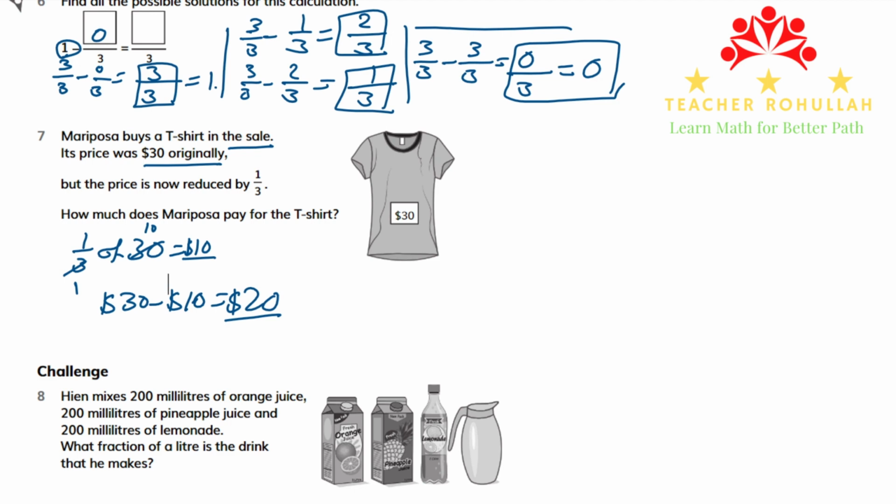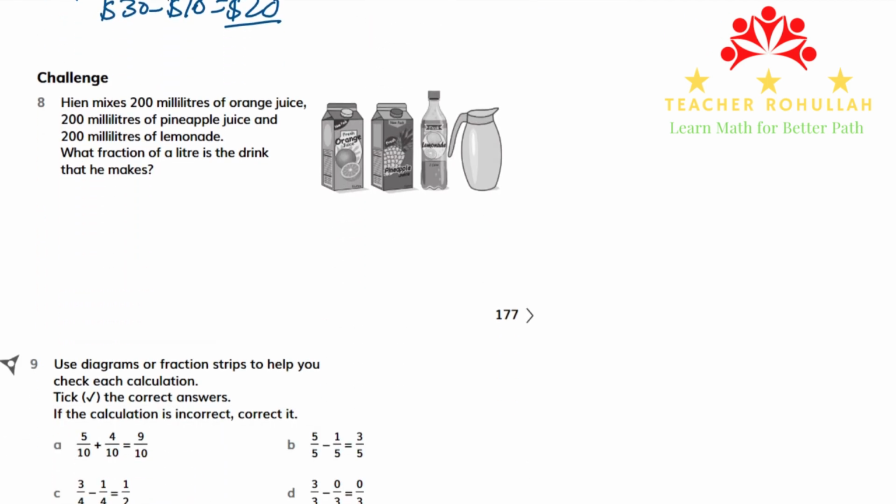Let's scroll down to go to question 8. In question 8, it says, Lihih mixes 200 milliliters of orange juice, 200 milliliters of pineapple juice, and 200 milliliters of lemonade. What fraction of a liter is the drink that he makes?